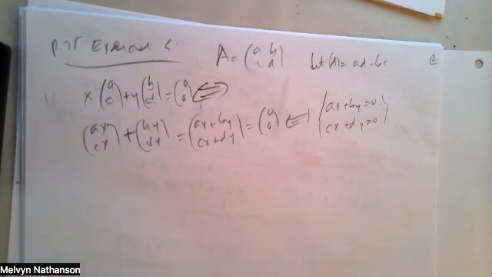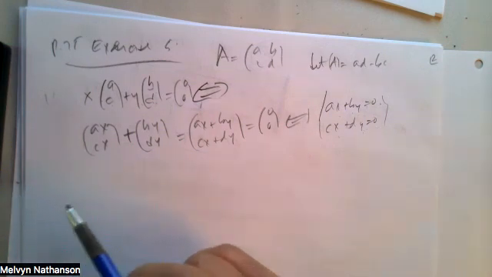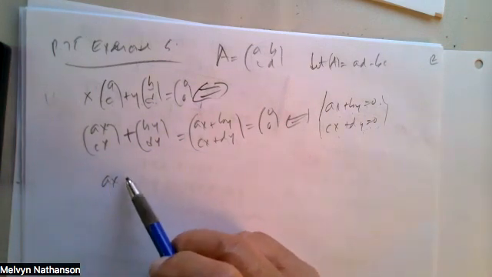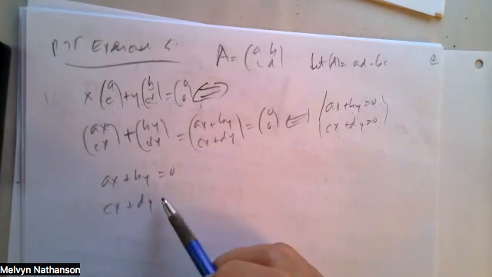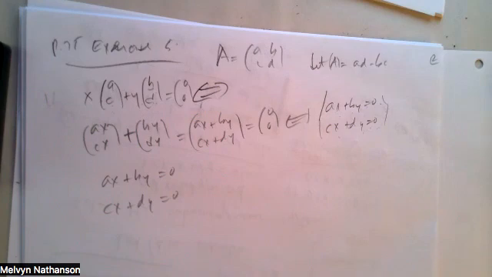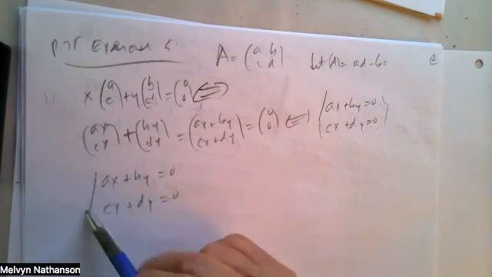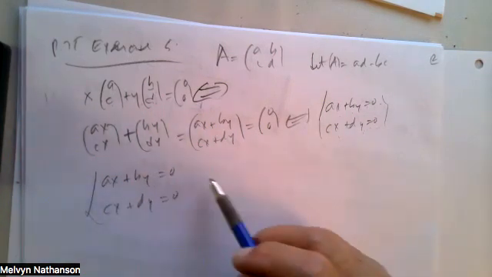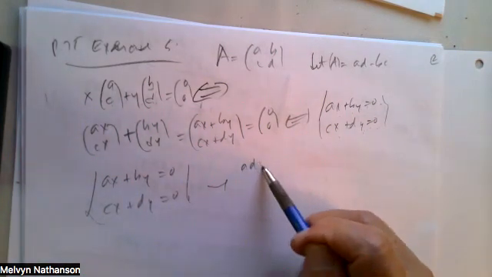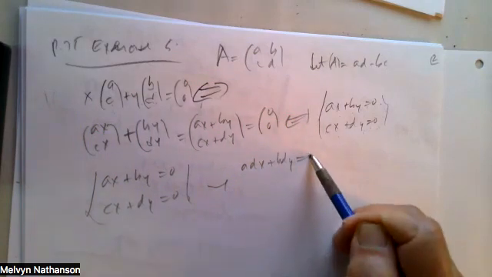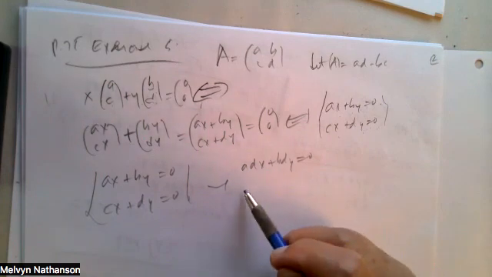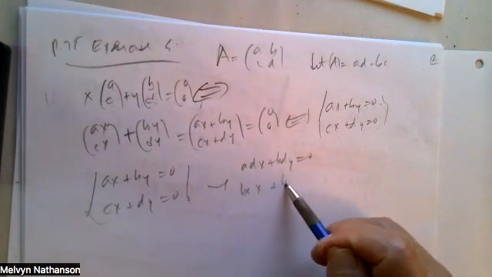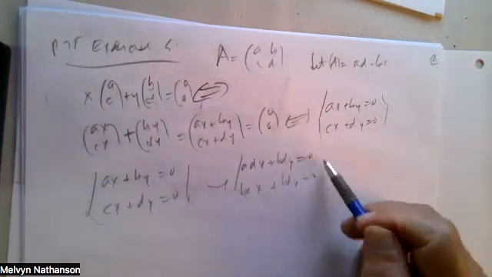So again, just as I did a moment ago, if I have the system of equations AX plus BY equals 0, CX plus DY equals 0, if I eliminate the Y, I can multiply the first equation by D: ADX plus BDY equals 0. I can multiply the second equation by B: BCX plus BDY equals 0.